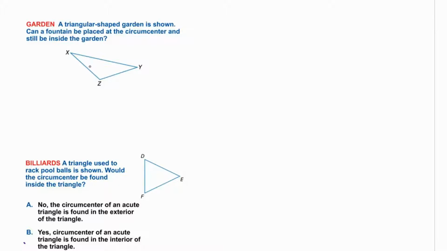So if I look at XZ, right there would be about the perpendicular bisector. If I look at ZY, about there would be the perpendicular bisector, or a little off. Right there.